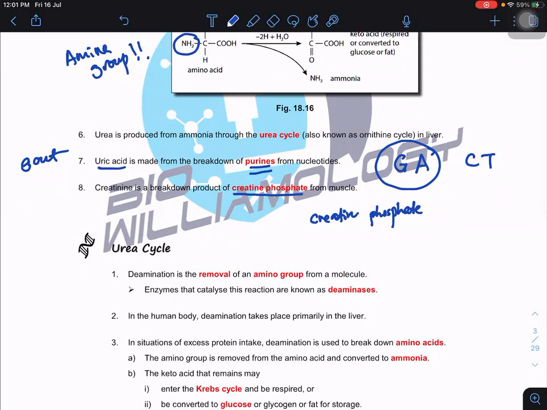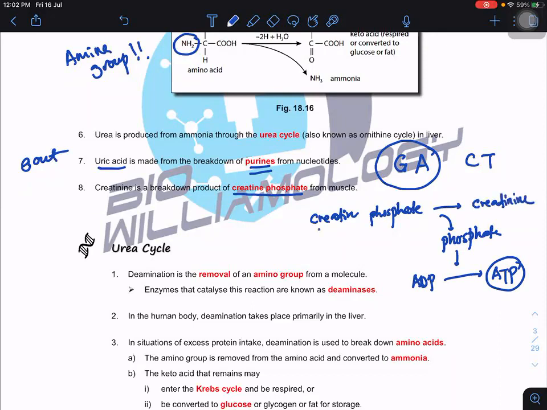What will happen here is we break down creatine phosphate so that the phosphate group can be donated to ADP to form ATP, so that with ATP we can continue our exercise, and the remaining item here is creatinine.